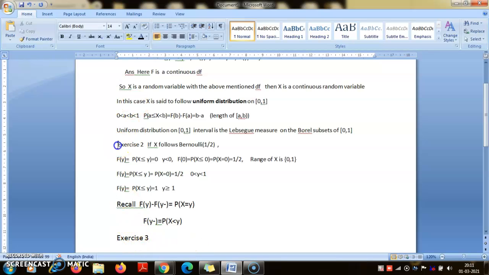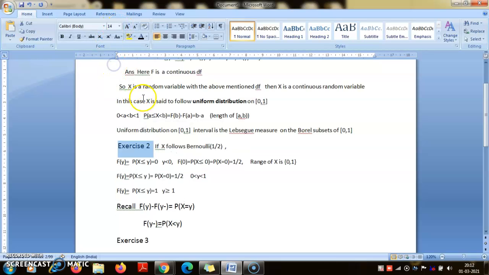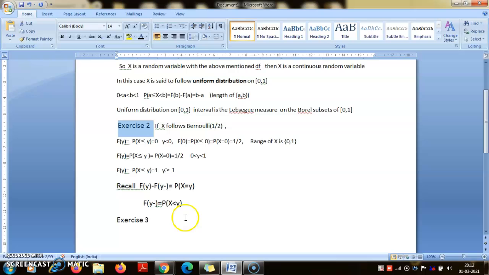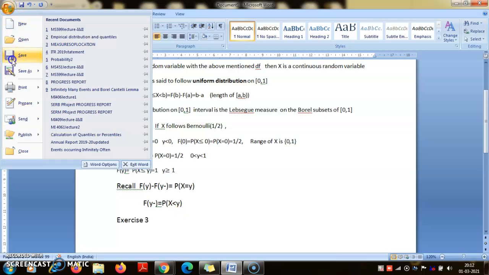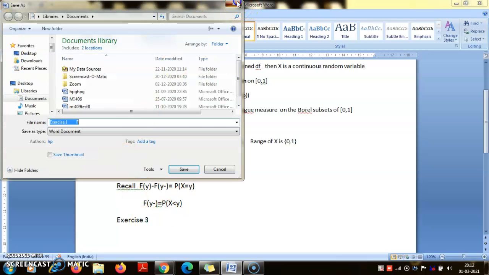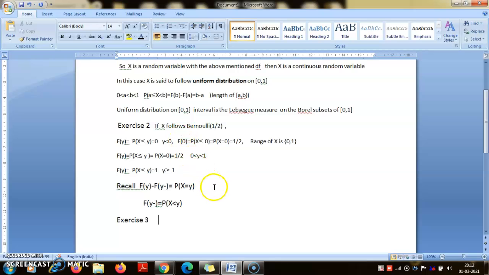In exercise 3, I am asking you to compute Q_p for p equal to 0.5. So 0.5 means the 50th percentile, or the median. I could also ask you to compute the median.